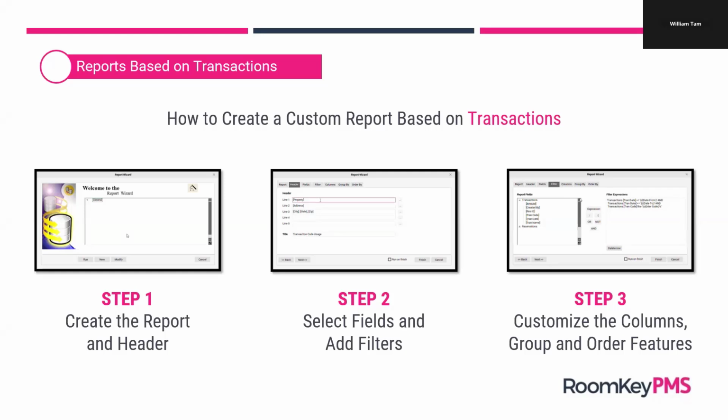We'll also add in some additional filter fields to allow us to specify what transaction code information we want to look at using this report, as well as the details of that transaction, things like when it was posted, who posted it, maybe where it was posted, like a res ID or reservation ID, just so that we can clearly see that information on the resulting report.